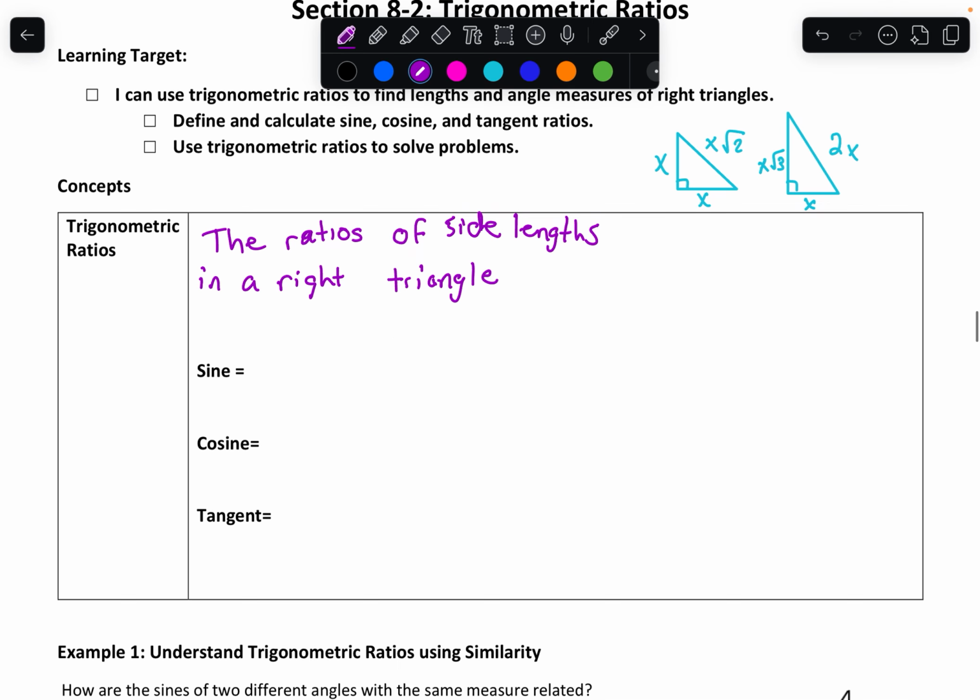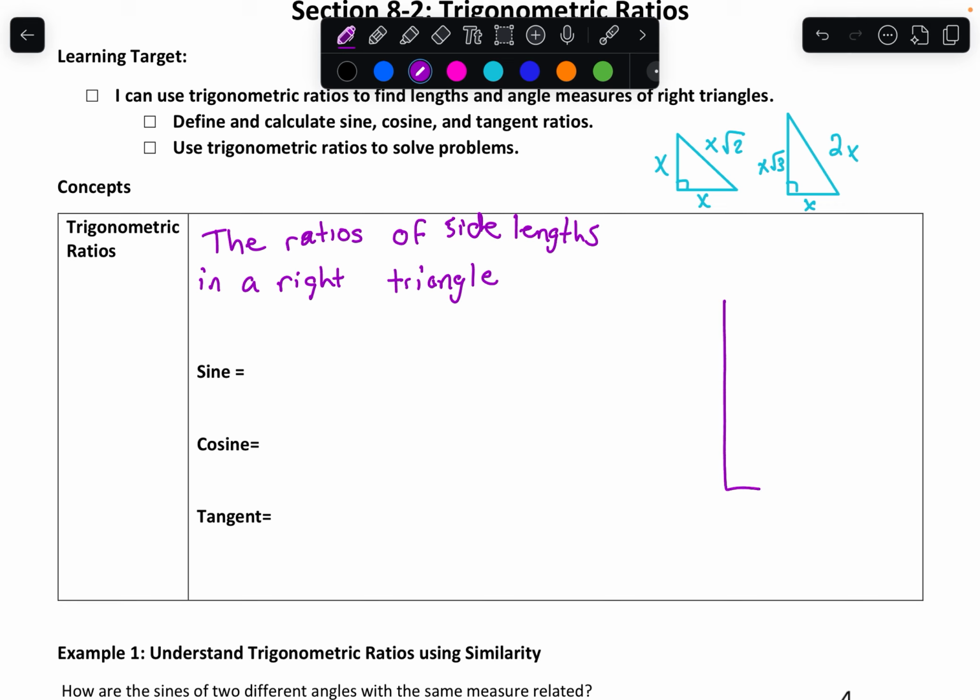We mean if I have a right triangle and I think about the side lengths of this right triangle, there's my right angle, I can talk about how this leg is related to the hypotenuse, or how the hypotenuse is related to this leg, or how the legs are related to each other in that right triangle.